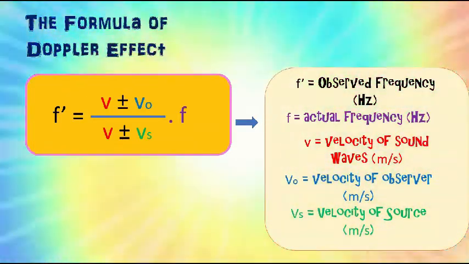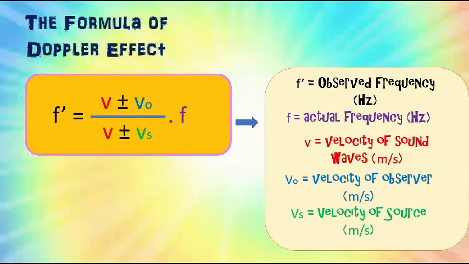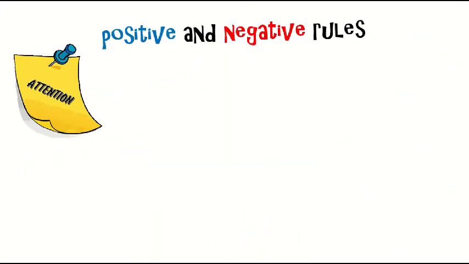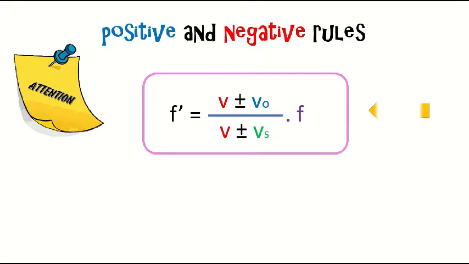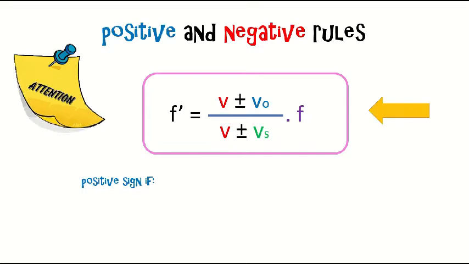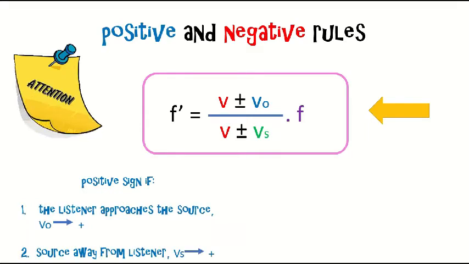Because the formula of the Doppler effect has plus and minus, you must know when to use the positive and negative signs. These are the positive and negative rules. Use the positive sign if the listener approaches the source, meaning vo is positive, and if the source moves away from the listener, meaning vs is positive.